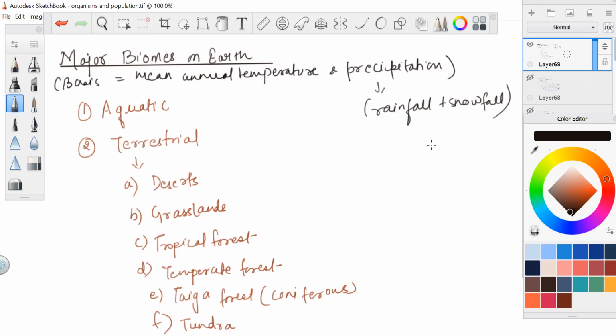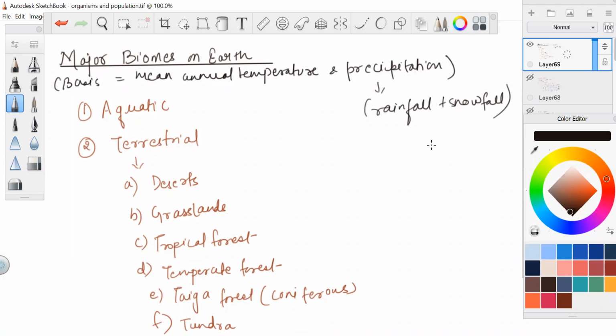I'll make you write down about all the major biomes also: what is the mean annual temperature and where. All of you are noting? Okay. Once you finish, let me know.